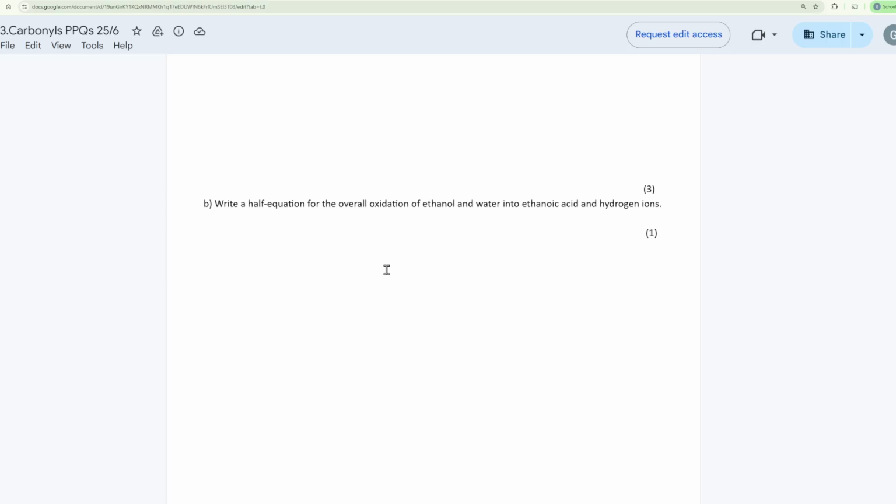So what is being oxidized and reduced to? Ethanoic acid, CH3COOH, plus how many hydrogen ions? So 2 from there and another 1 from here, 3 hydrogen ions, 3H+.